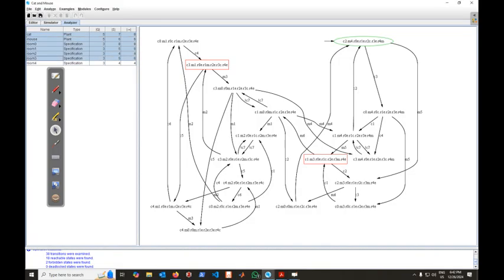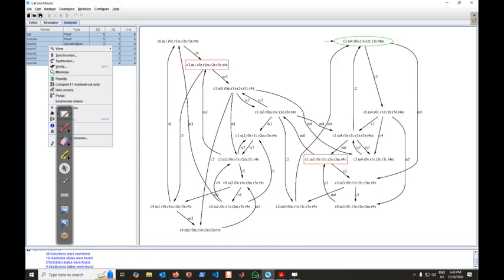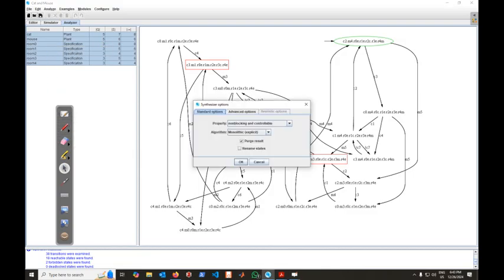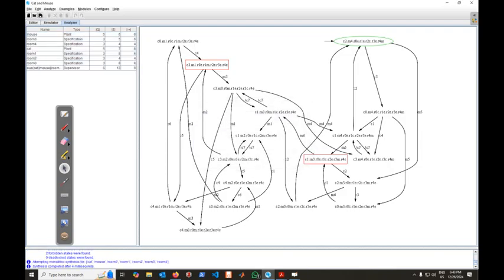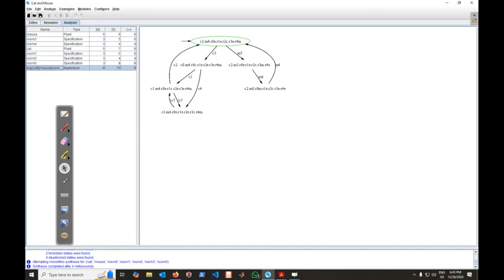That's what we are going to do now. I have selected all the automata, and then I will right click and select synthesize. Simply I will click OK. Now this is the new supervisor. We have synthesized the supervisor, and we have made sure that the dangerous states are eliminated.